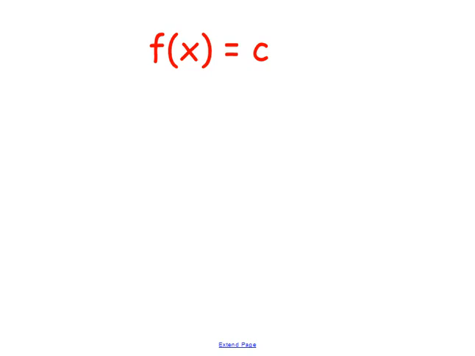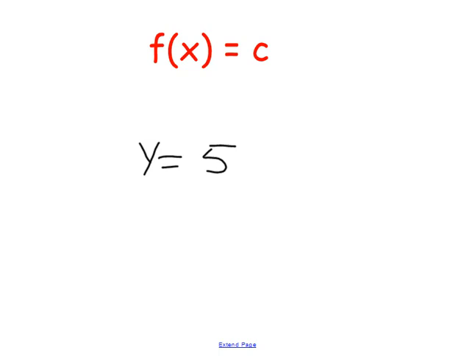All right, onward. What if you have a constant? f of x equals, for example, 5. What kind of shape is that if I graphed that? It's a straight line. What kind of a straight line?